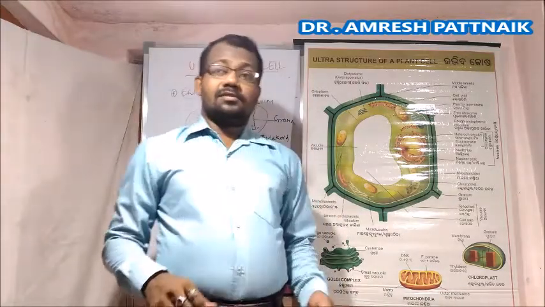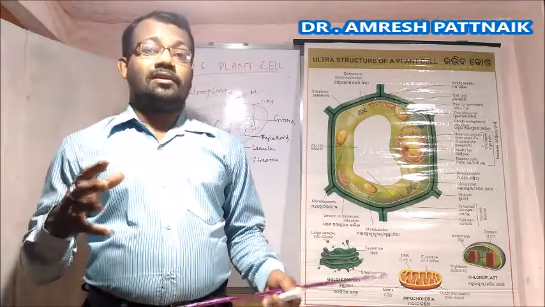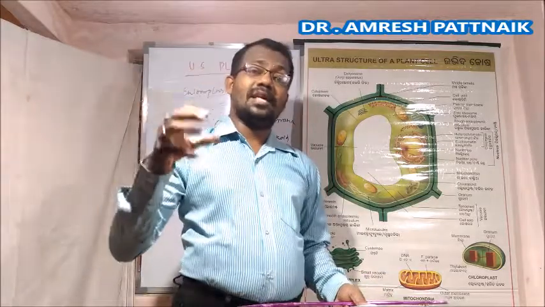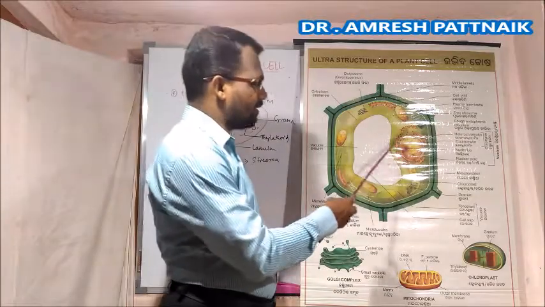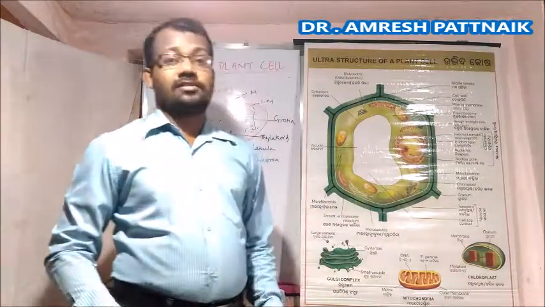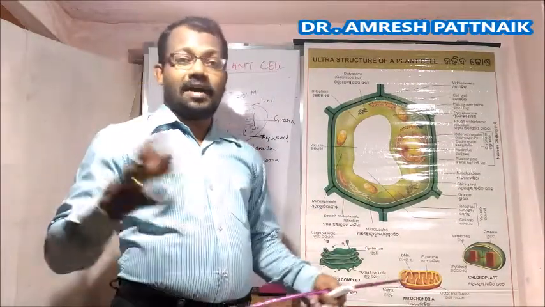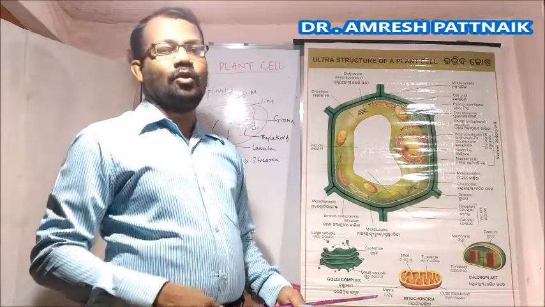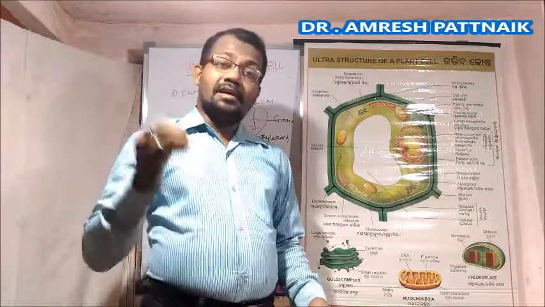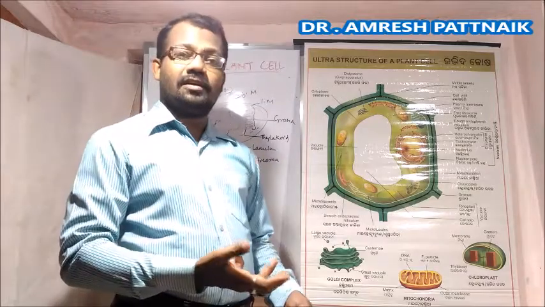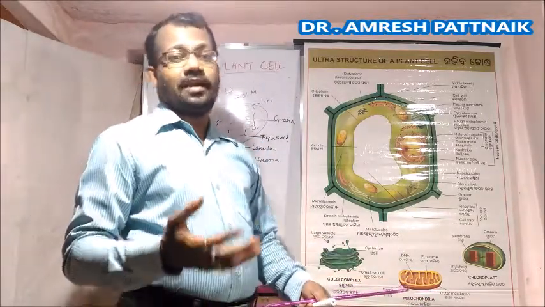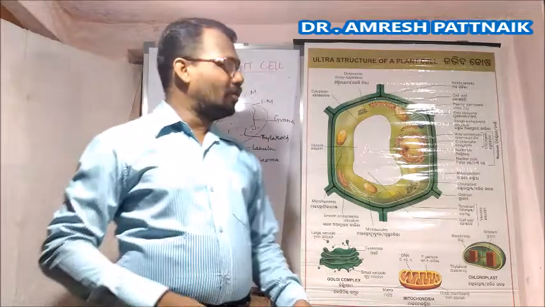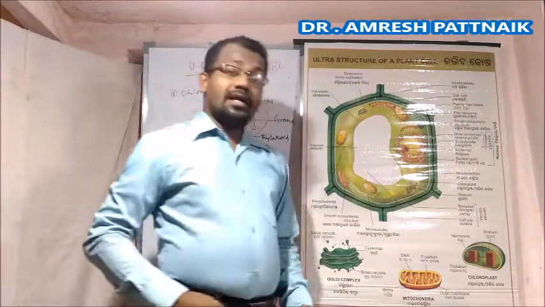So now comes the most important cell organelle in the cell. Here you can see this is the nucleus. It is spherical, darkly stained, and centrally located. What's the function of it? It maintains the control and coordination of the total cell.